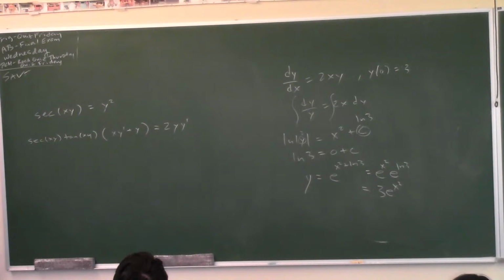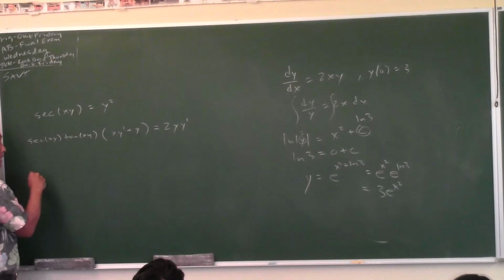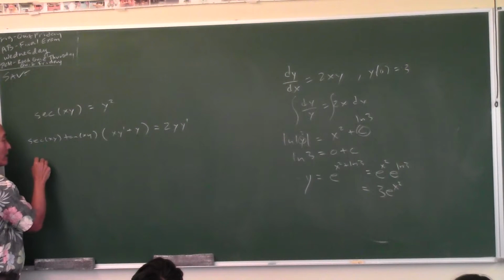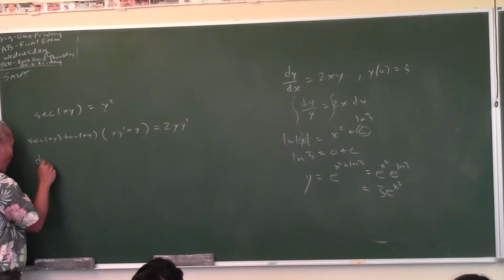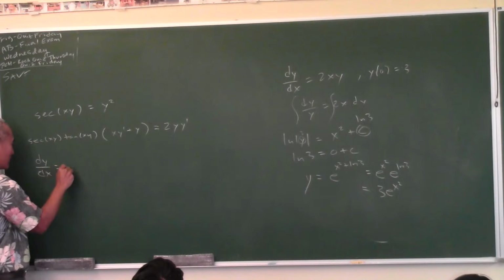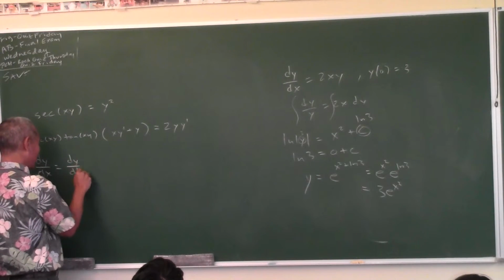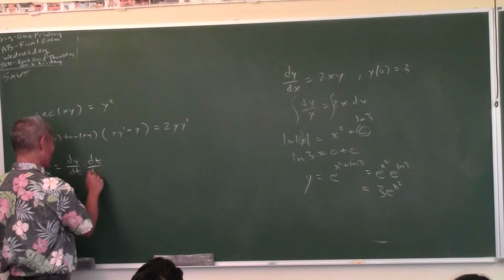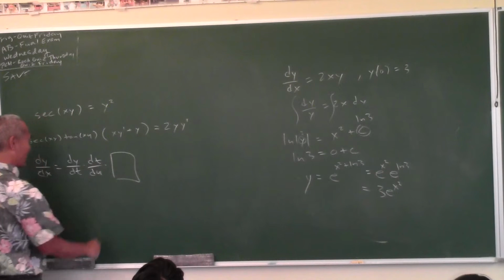Okay, what is the derivative? dy/dx is equal to dy/dt times dt/du times box.